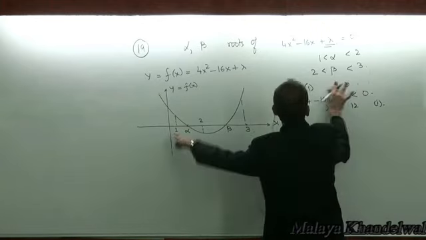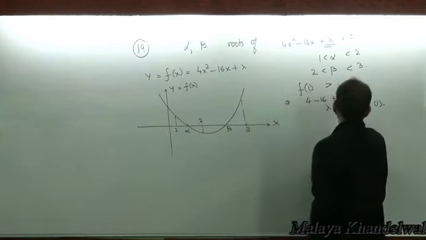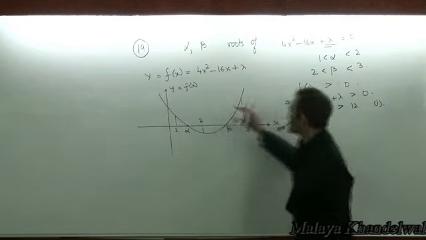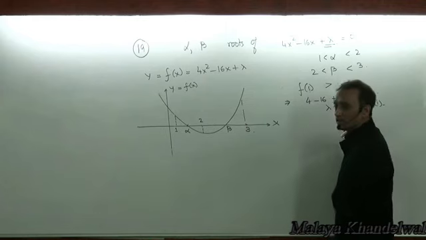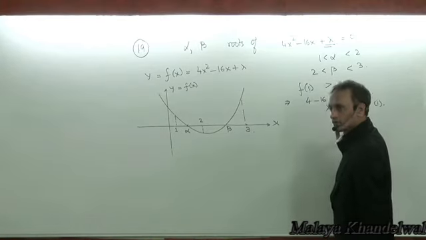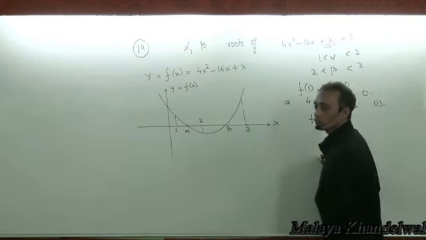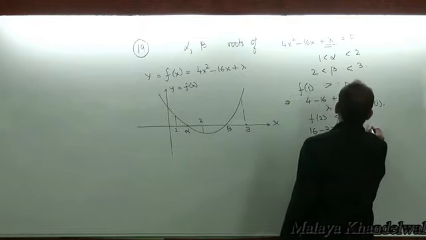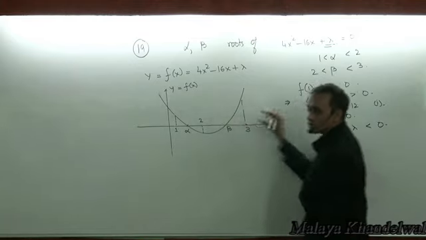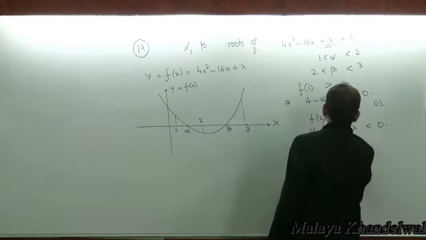F(1) greater than 0. I'm so sorry. f(1) greater than 0 means 4 minus 16 plus lambda greater than 0. That will give me lambda greater than 12. That's one condition. Now, f(2) must be less than 0. 16 minus 32 plus lambda must be less than 0, or lambda less than 16.